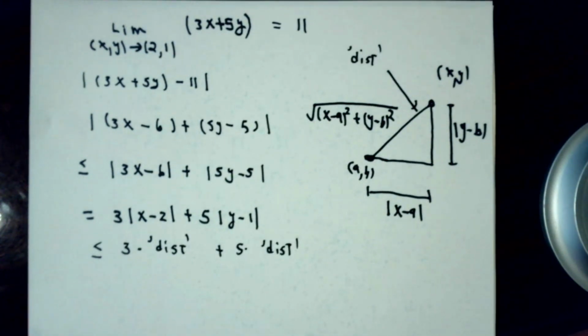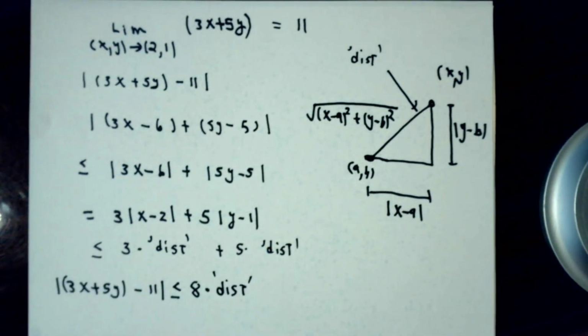So the difference between my function value and 11 is certainly no more than 3 times the distance plus 5 times the distance. The difference between the function value and 11 has absolute value that is certainly no more than 8 times the distance.